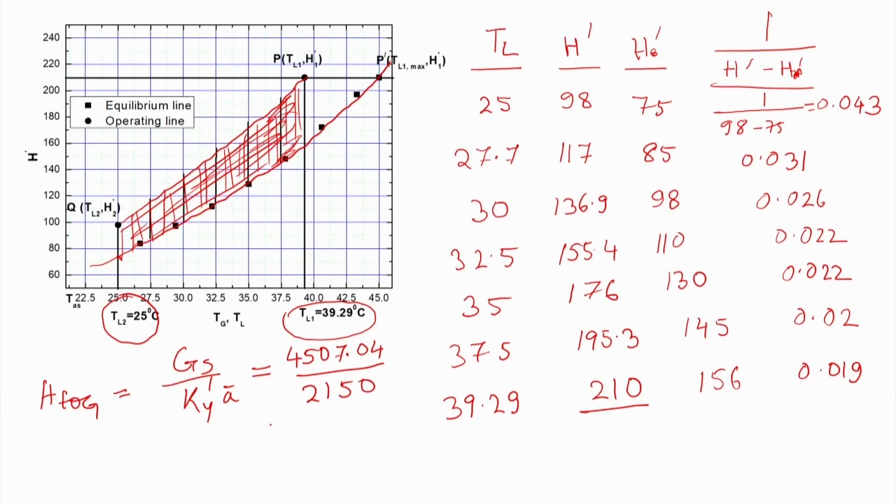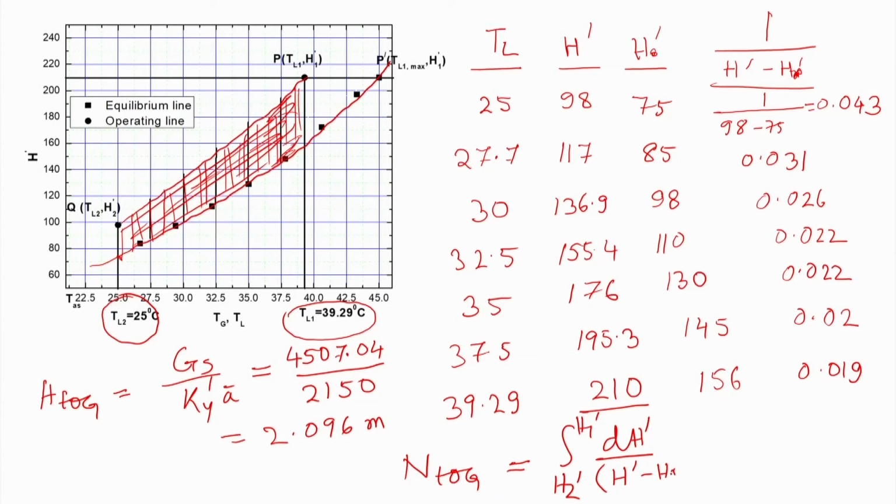So it is coming out as 2.096 meter. And NTOG will be the integral from H1 prime to H2 prime of dH prime by H prime minus H star prime.